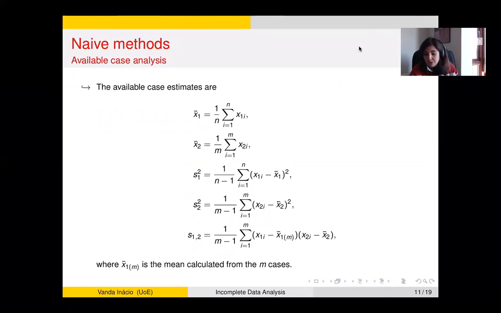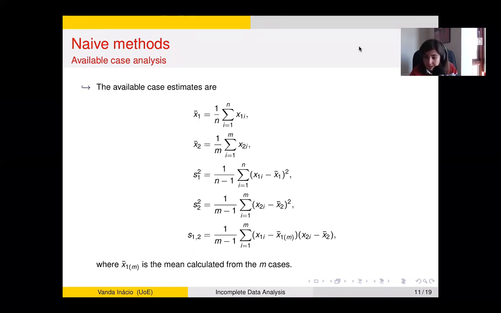If we are interested in computing means, variances, and covariances, for the mean of x1, since it's complete, all n individuals contribute information. For the mean of x2, only the first m individuals, those that have available data on x2. For the variance of x1, we use all n individuals. For the variance of x2, we only use the m individuals.